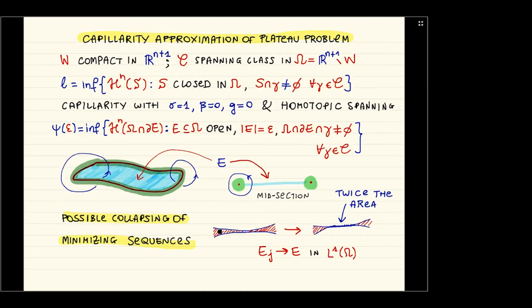You see, the E_j here has positive volume, is an open set, let's say, but then as it converges in volume to a limit set, somewhere the two faces, the two bounding surfaces, collapse one onto the other and give you twice the area. And there is nothing forbidding this from happening. So if this is energetically convenient, the model will try to do that, okay? And we're going to see in a moment, this is indeed going to happen.